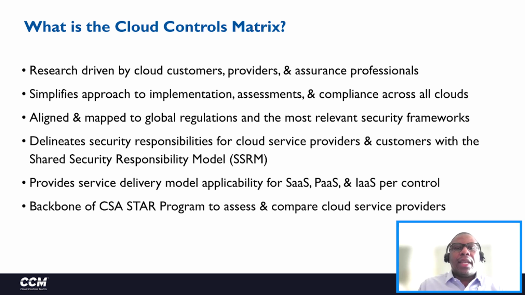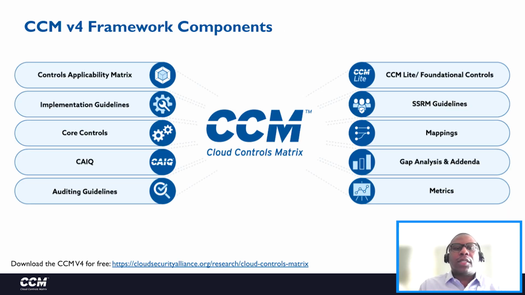Let us go ahead and look at the various components that comprise the CCM framework. So we have various components in this framework. First and foremost, there's something called the controls applicability matrix. We also have implementation guidelines that have been drafted. And then we have the core controls that describe which control you need to implement. And then we also have auditing guidelines.